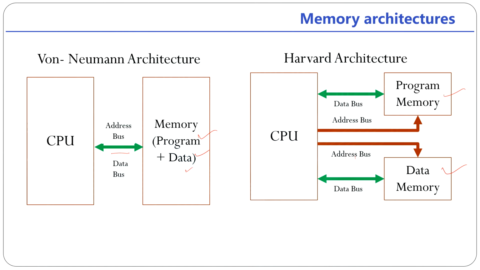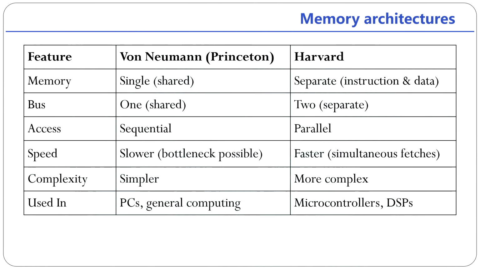So in Harvard architecture, separate buses are provided, but in von Neumann architecture, a single bus is provided. In von Neumann architecture the CPU considers only a single memory IC, but in the Harvard architecture it will consider two memories, one for program and another for data.